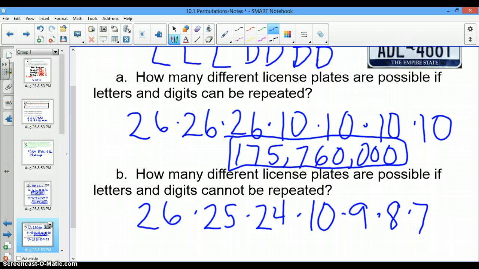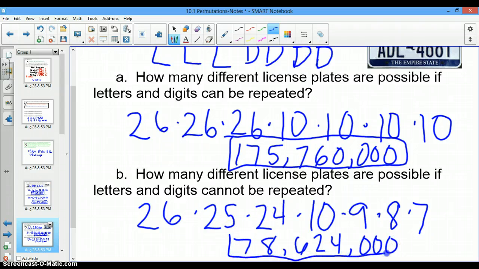When we multiply those together, we get 78,624,000. You see that once we say that a number cannot be repeated, then our number is less. The options we have, the events that could occur, is less.